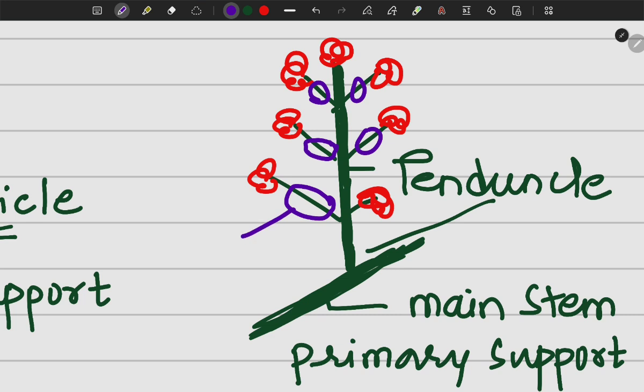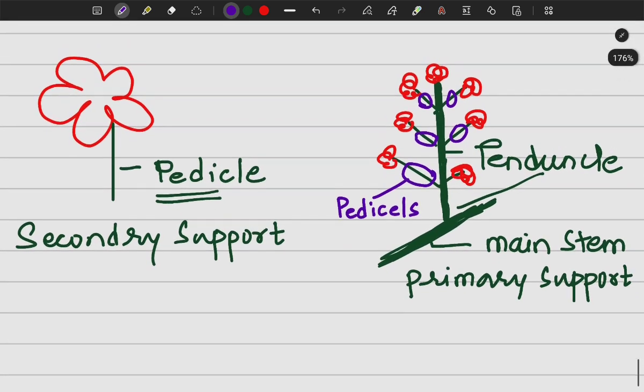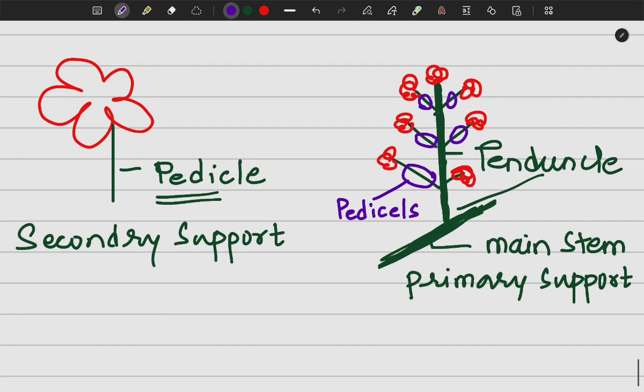So what are these smaller stalks? These are pedicels. We just studied that pedicels are the stalks of the single flower, right? So a peduncle can have many pedicels, but a pedicel is only one. Alright, so I hope the difference is clear to you.